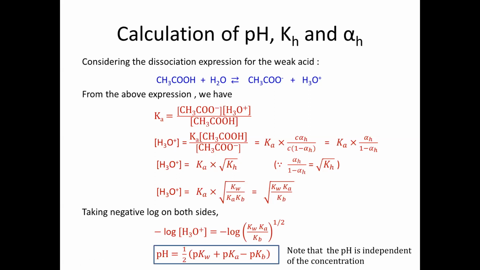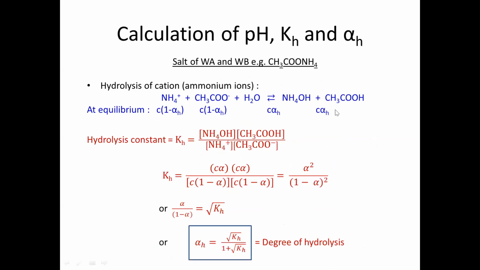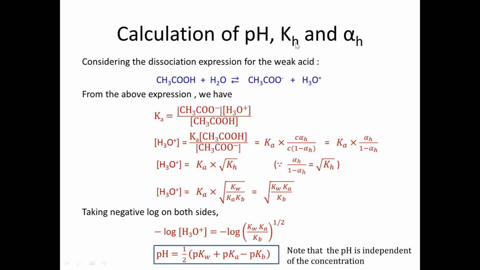Now we know that the amount of undissociated acetic acid was C alpha and the amount of acetate ions is equal to C into 1 minus alpha, and we substitute these values in that expression of H plus ions.